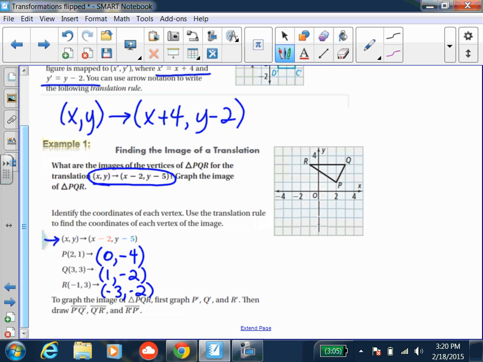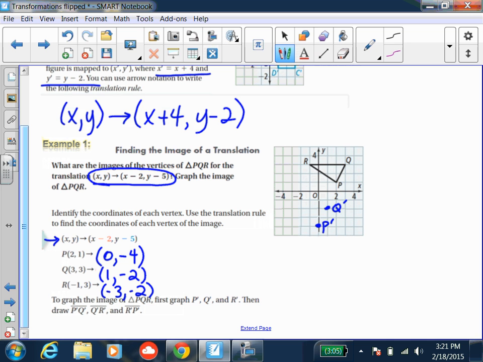So when we graph this image, we're going to use these new ordered pairs in order to graph our new triangle. So P prime is going to be (0, -4). And Q prime is going to be (1, -2).